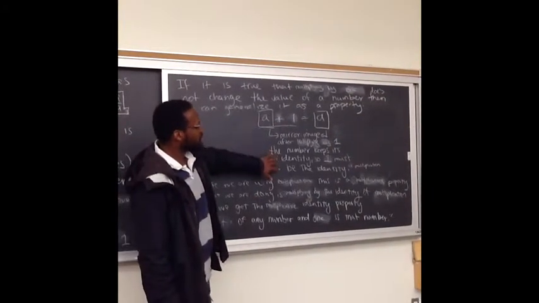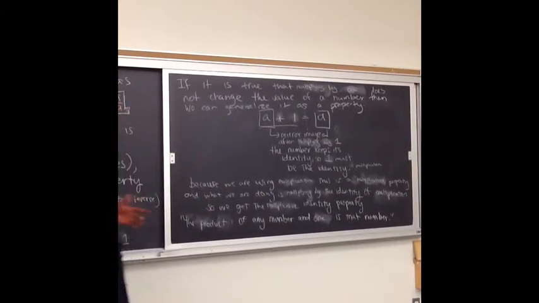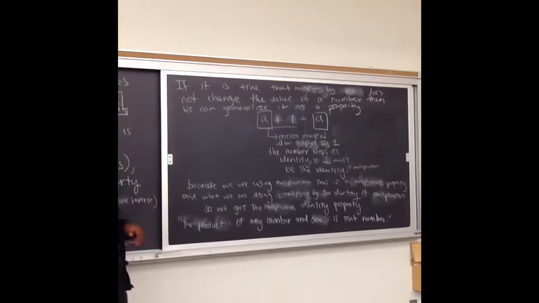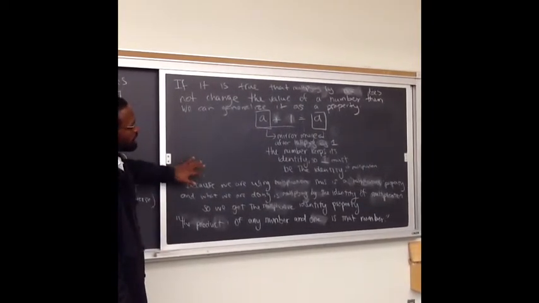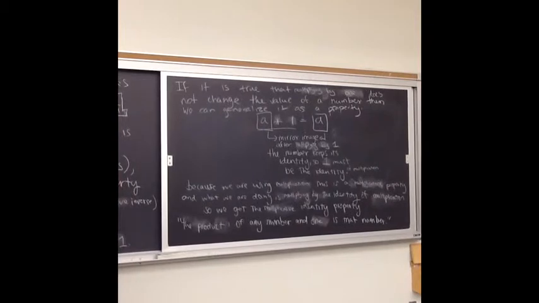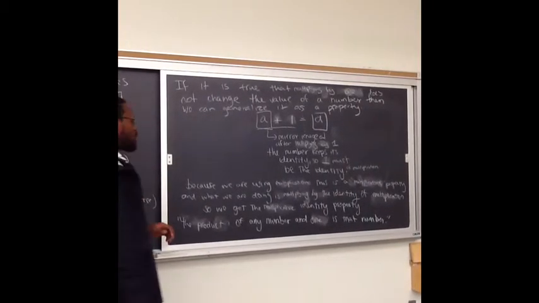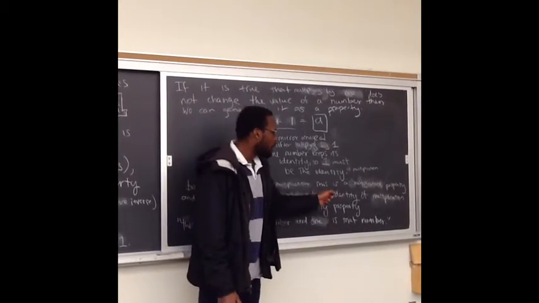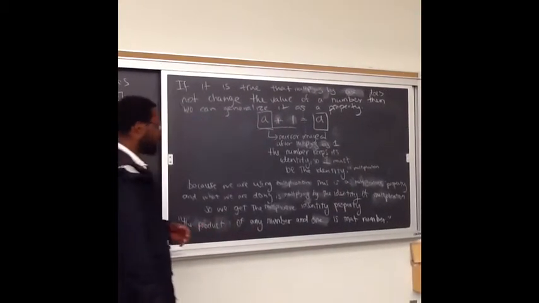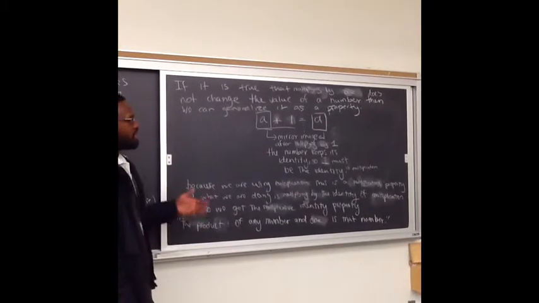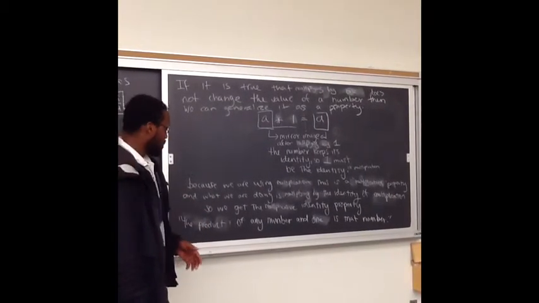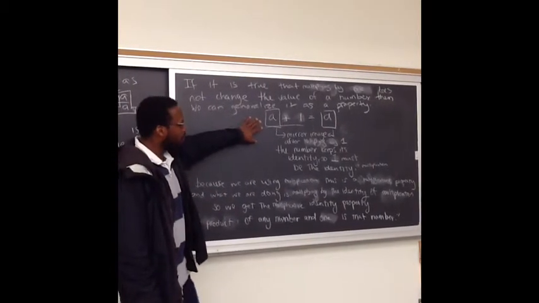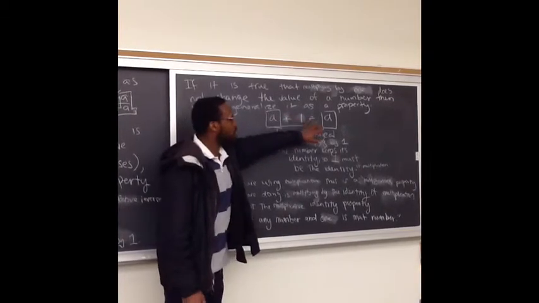The number keeps its identity, and so 1 has to be the identity, and we should specify that it's the identity of multiplication. Because we are using multiplication, just as last time, it is a multiplicative property, and what we are doing is multiplying by the identity of multiplication. So we get the multiplicative identity property, and that says that the product of any number, a, and 1, is going to be that number itself, a.